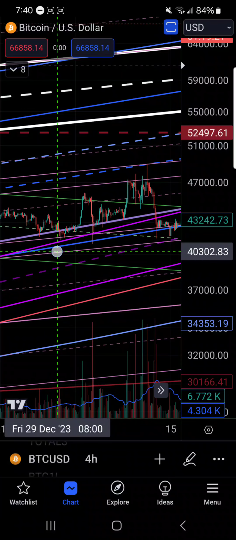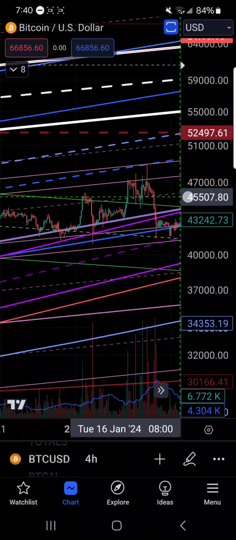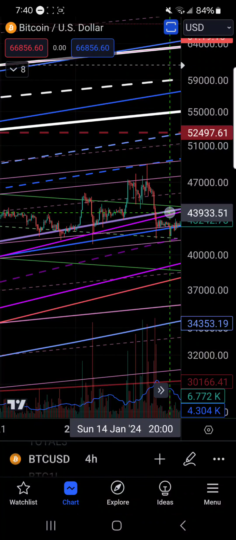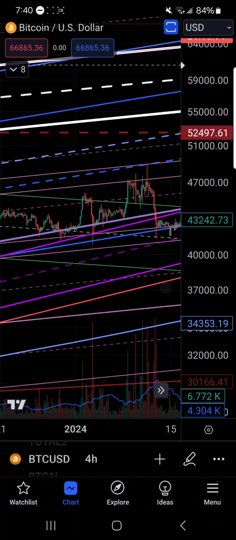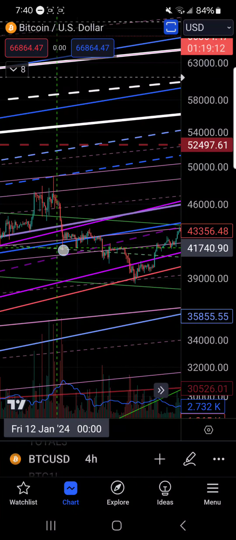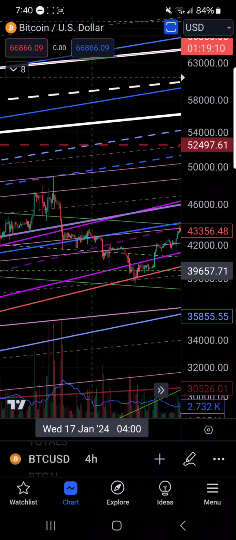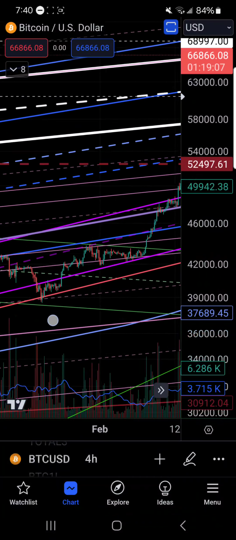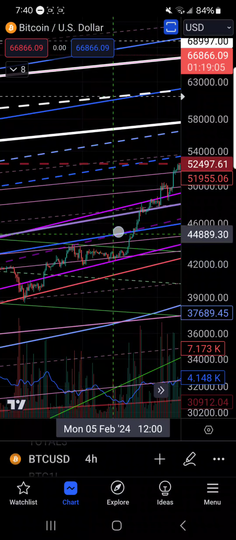Even back here, it acted as support briefly before we fell through. And the center line acted as support here, acted as resistance here.